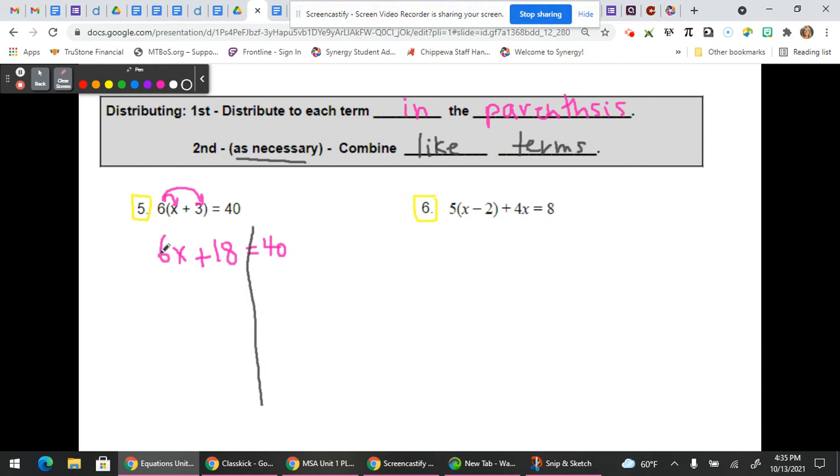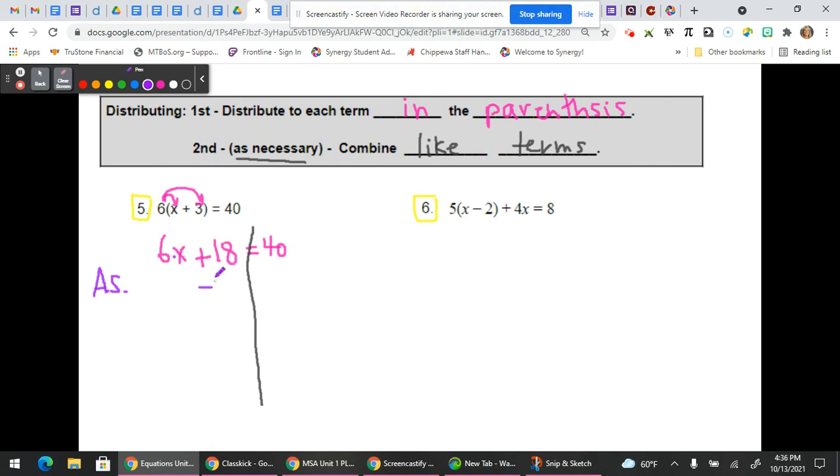So you might recognize this equation as something that we've been solving all week. Once we shared the 6 to the x and to the 3, we can now go ahead and solve. So I'm going to reverse my GEMDAS. I'm going to start with my adding and subtracting operations. And I see that here this is 6 times x plus 18.